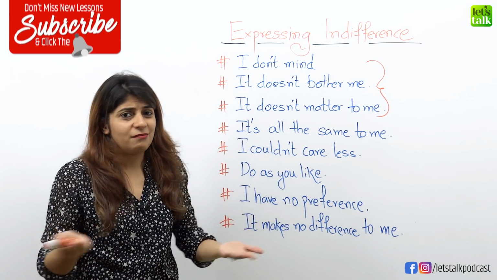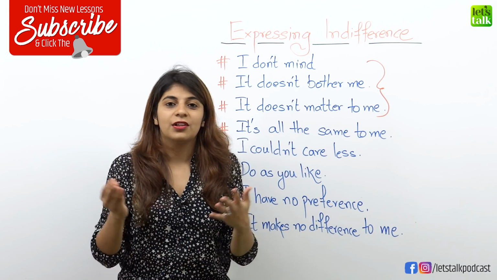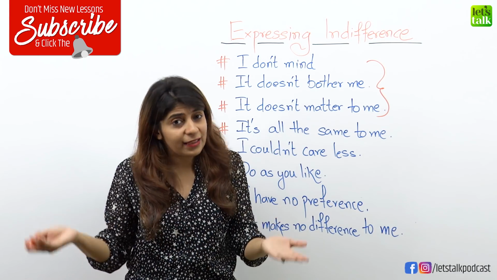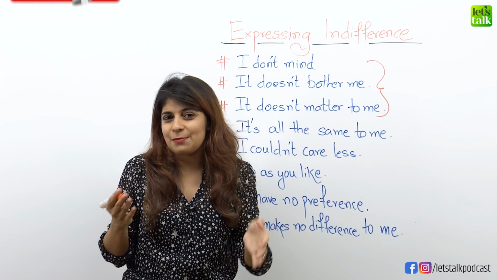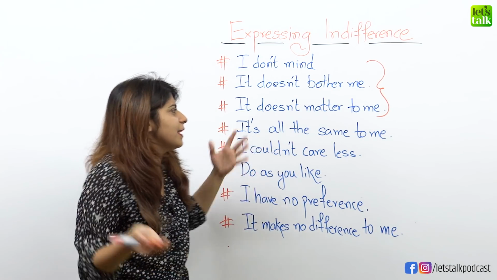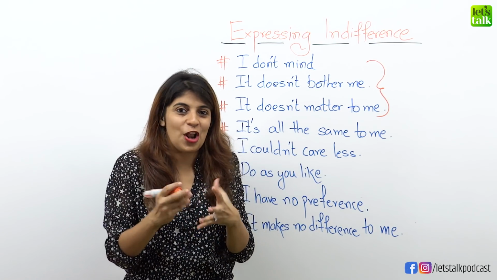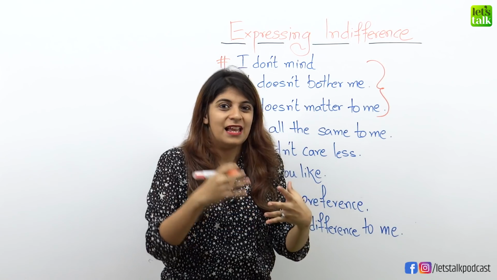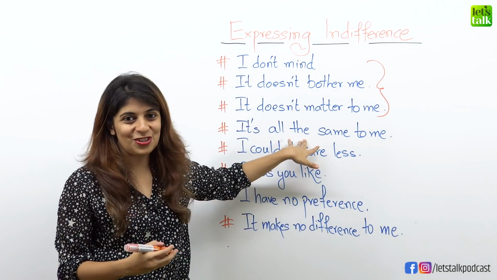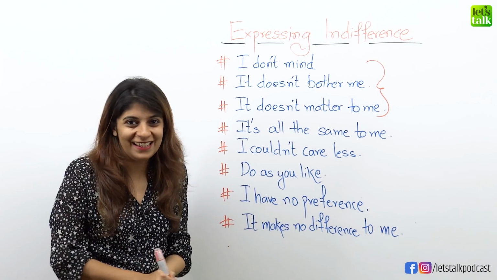You can wear any of these. It's all the same to me. Maybe you like all the dress options shown to you, so it really doesn't matter which one is picked and worn by that person. So you say, hey, it's all the same to me. You are not liking a particular dress, neither are you disliking a particular dress. So a great expression to use is, it's all the same to me, it's up to you.